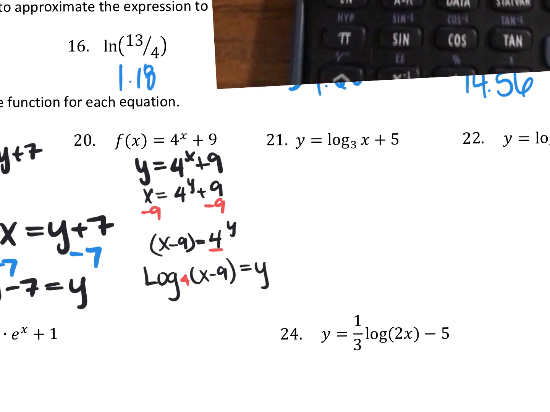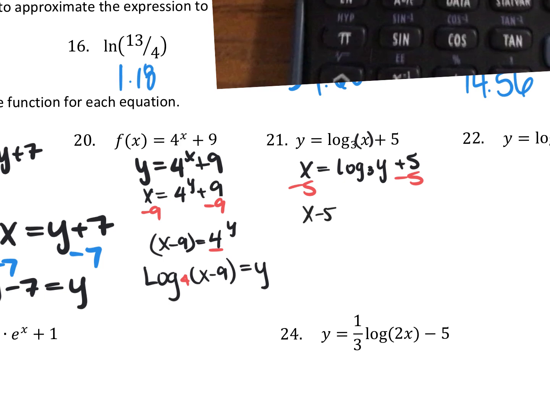Number 21. Again, there's no parentheses around that x, so the x is really the only thing inside the log. So we're going to start by swapping it. X equals log 3 of y plus 5. We can move the 5 to the other side because it's not in parentheses, it's not inside that log.